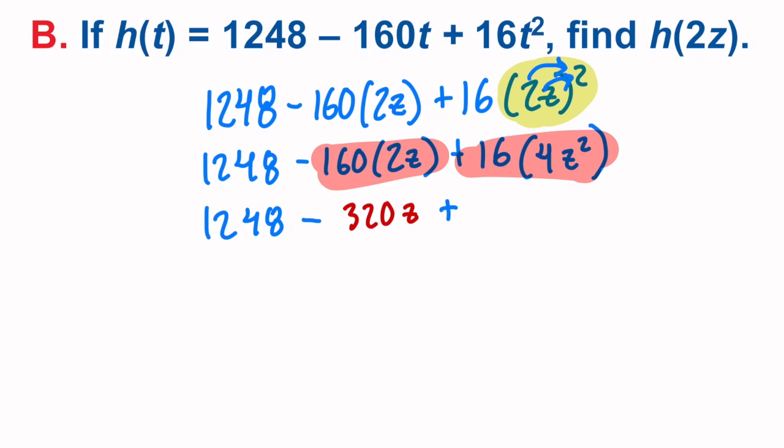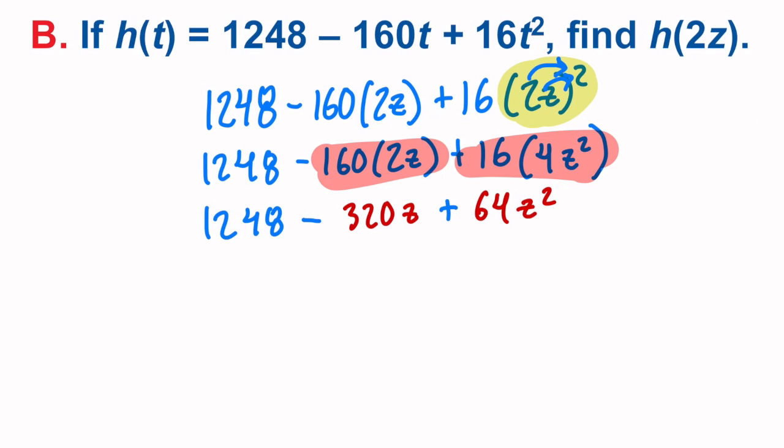And then plus, just as before, we're not going to multiply the z, it's just going to stay with it. So 16 times 4, you should get 64, and just bring down the z to the second power.